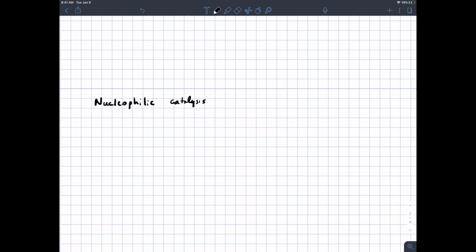So here's some leaving group, maybe an acid chloride. And suppose you wanted to make the methyl ester. I don't know why, and there's easier ways to make the methyl ester.